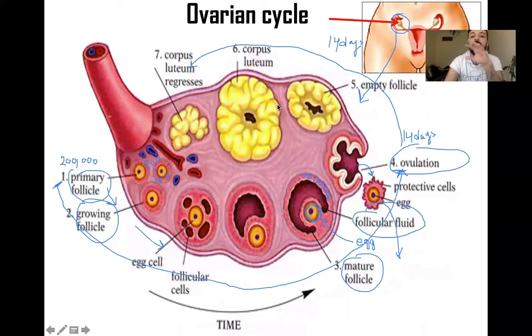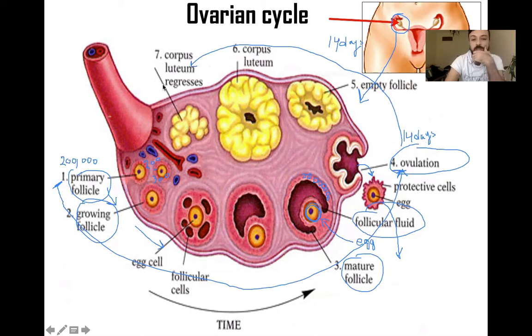That's what's happening inside the ovary, starting from development of follicles to the maturation of one follicle, to the rupture of this single follicle, to the release of the egg in a process that we call ovulation. The empty follicle will develop into what we call the corpus luteum, and then the corpus luteum degenerates and dies on the last day of the cycle.